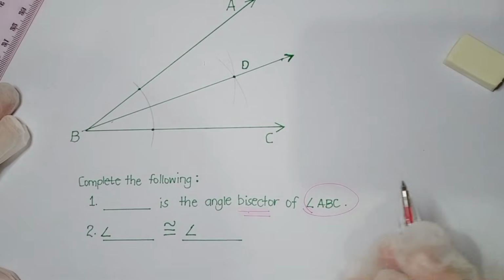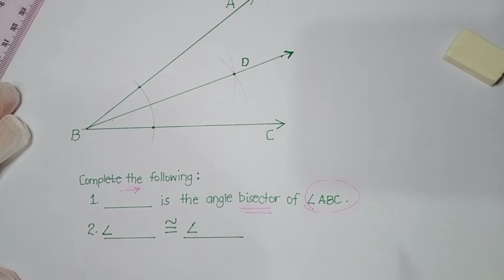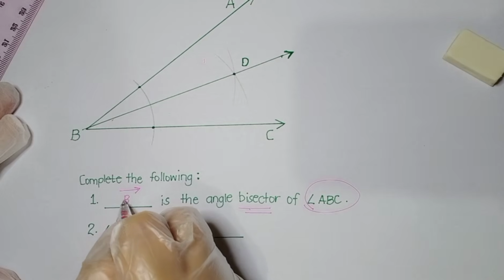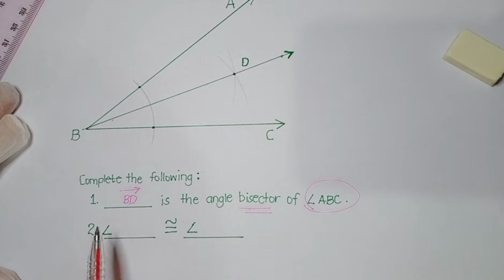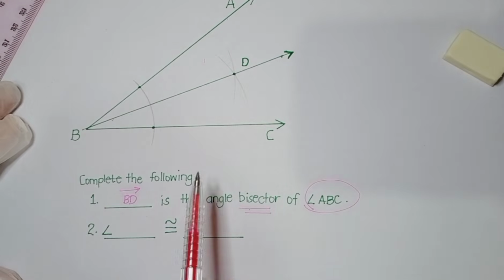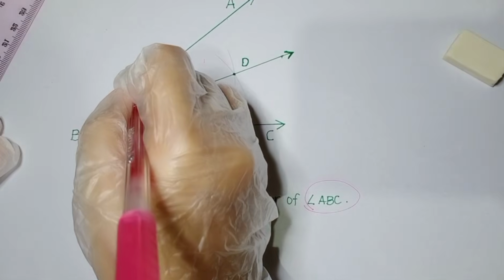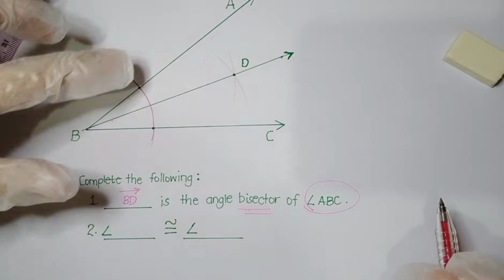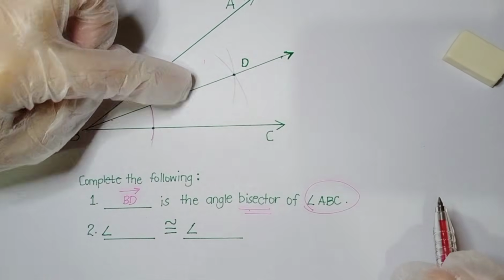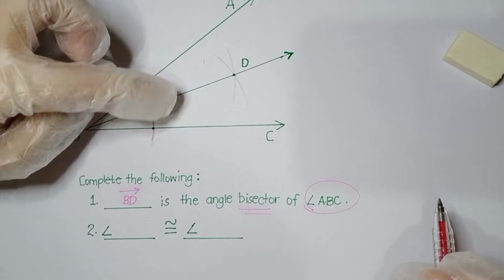So, we have ray BD. Okay? So, ray BD is the angle bisector of angle ABC. Okay? So, since binisect niya tong angle na to, itong buo na to, hinati niya yung buong angle. So, ibig sabihin, nakabuo tayo ng dalawang congruent angles. So, ano yung dalawang angle na yon?